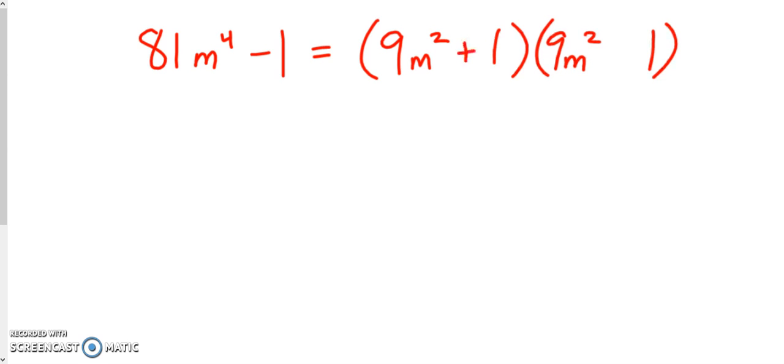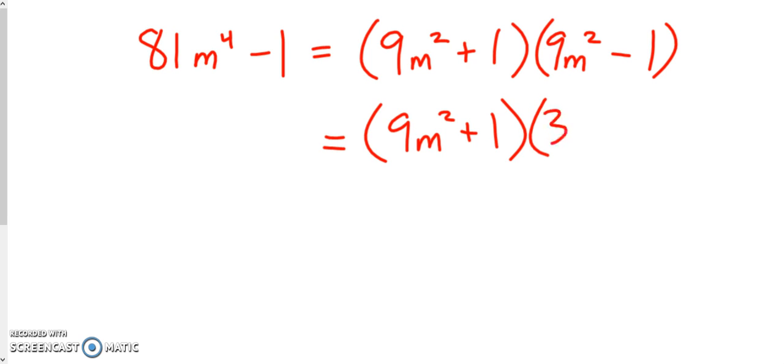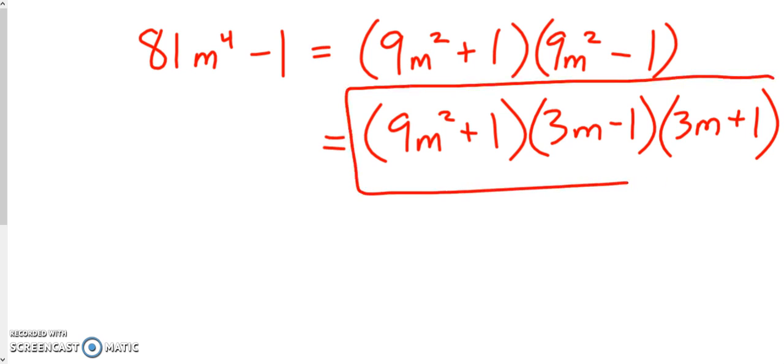You put a plus, you put a minus, and that's the beginning part. Now notice that this first piece is not factorable, but this second piece, once again, you have perfect squares. So this would be 3m minus 1 and 3m plus 1 in some kind of order. Doesn't really matter what order they go in.